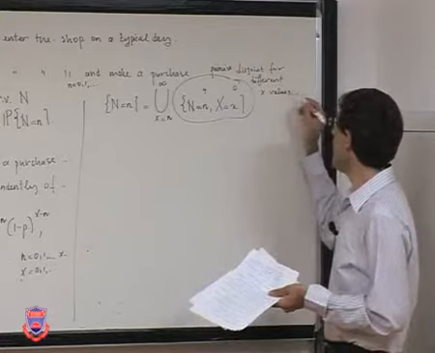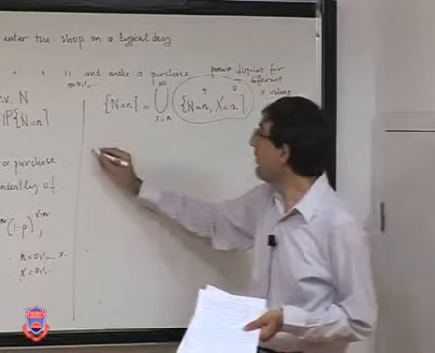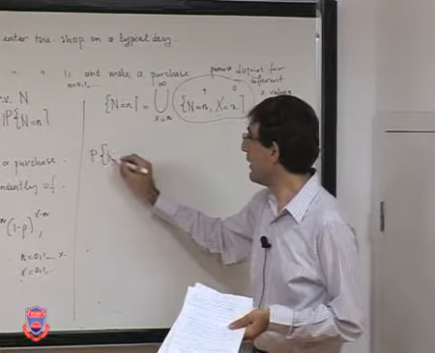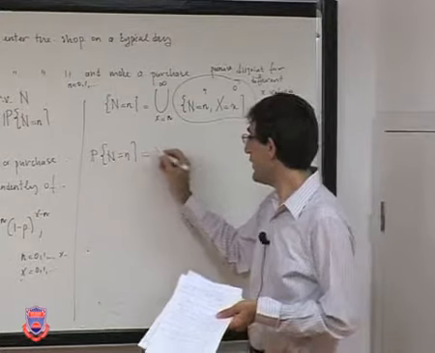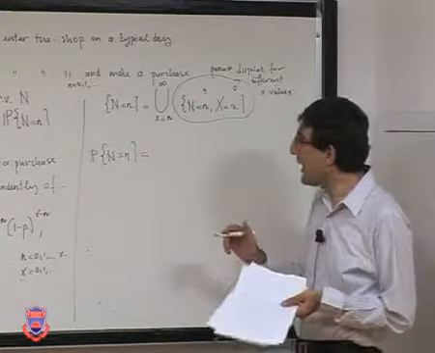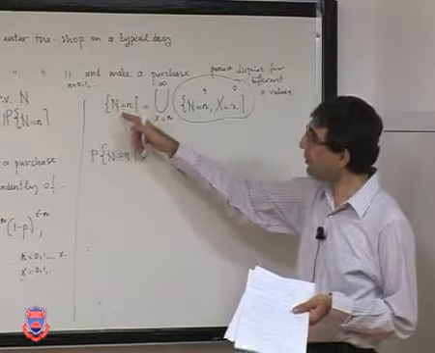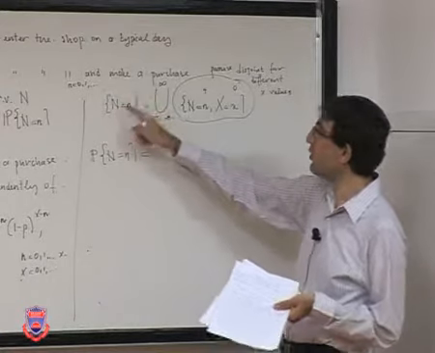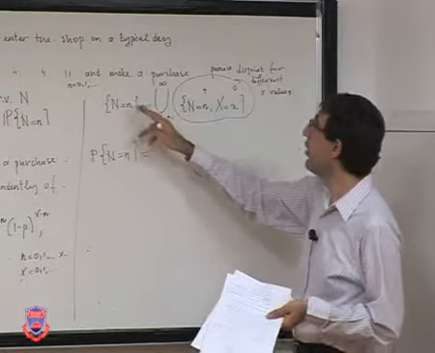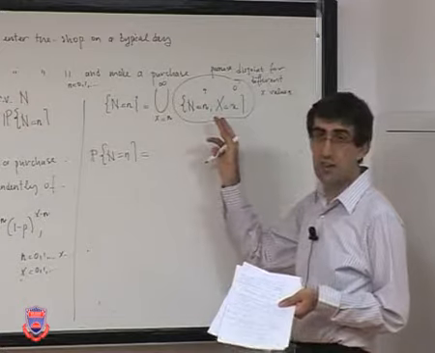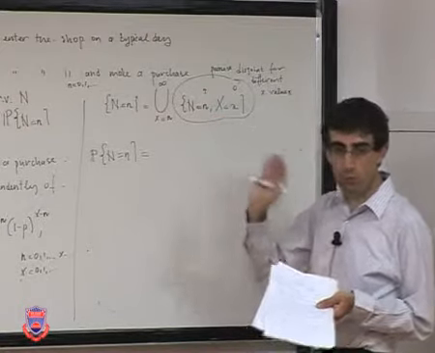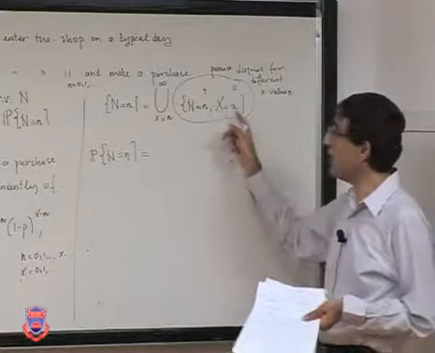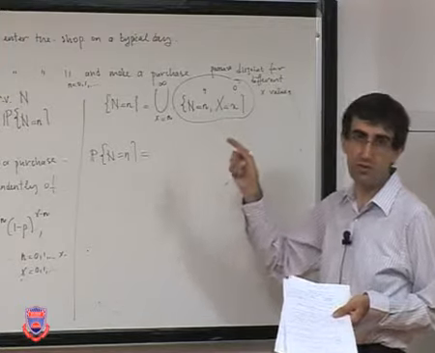Why should I care about this? Well, when you want to calculate the probability of the union of disjoint sets, there is an important axiom of probability that says it is given as the sum of the probabilities. If the sets are not disjoint, then we cannot just sum them.